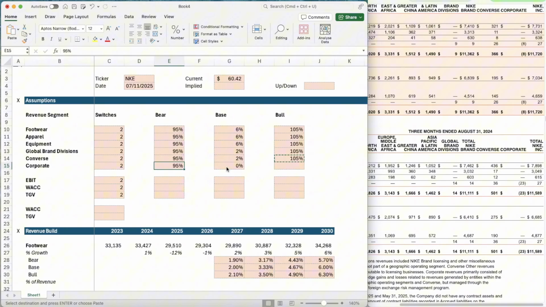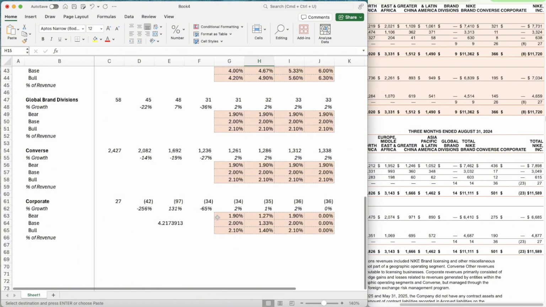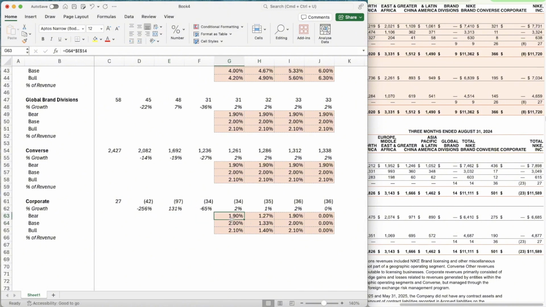And there's not really a point in trying to make it be like a bull bear case on this one, because it's so small.